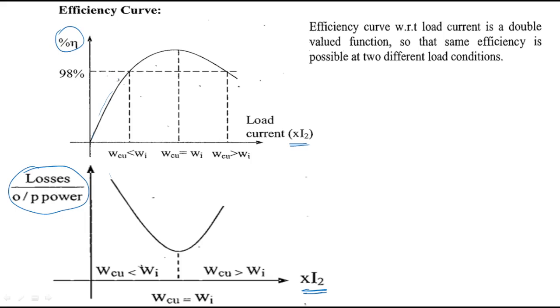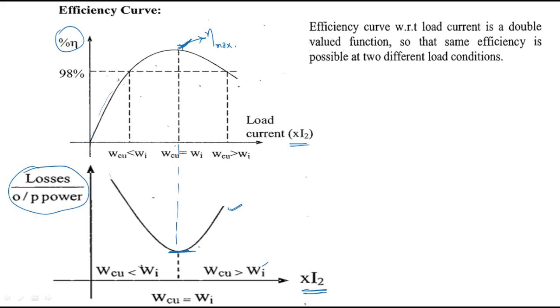But when losses to output power is at its minimum, this is the maximum efficiency condition. Later the losses to output power ratio again increases, and obviously the efficiency decreases.